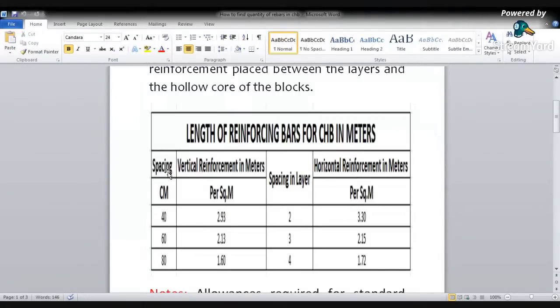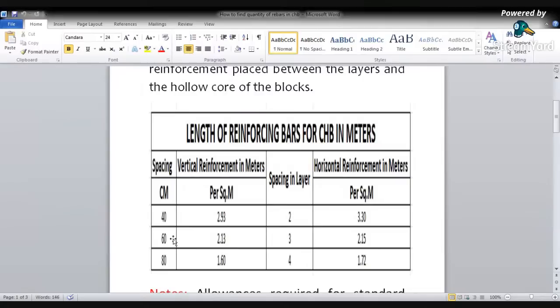So he mentioned here the spacing. This is in centimeters: 40 centimeters, 60 centimeters, and 80 centimeters. This is the vertical reinforcement in meters, so the unit here is meters. If the spacing is 40 centimeters, we multiply by 2.93.